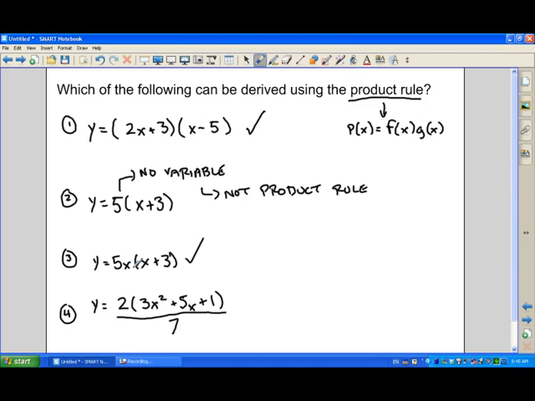Again, that has two terms, two functions, two variables being multiplied together, so I would use the product rule. Question 4, I could rewrite as 2/7 times 3x squared plus 5x plus 1. Now I have a constant being multiplied by a polynomial, and all the terms in the polynomial are being added together, so I would not use the product rule to derive this. I would use the rules that we learned the other day.